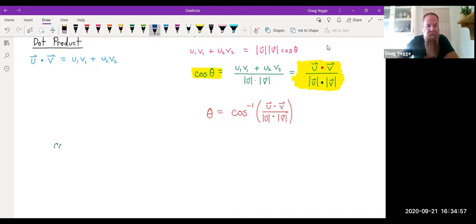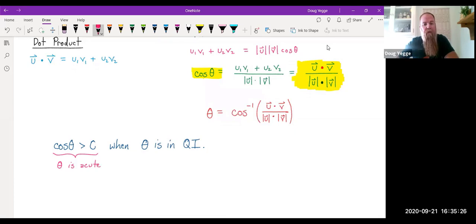Now cosine of theta is going to be greater than zero when theta is in the first quadrant. So when theta is in quadrant 1, that implies that when cosine theta is greater than 0, then theta is an acute angle. But I'd also like to help you recognize that the magnitude of u and the magnitude of v are lengths.